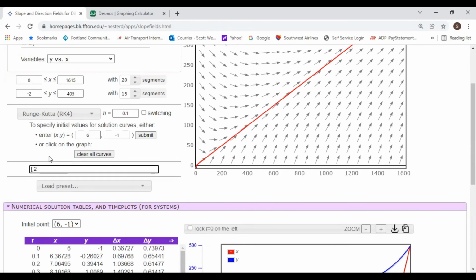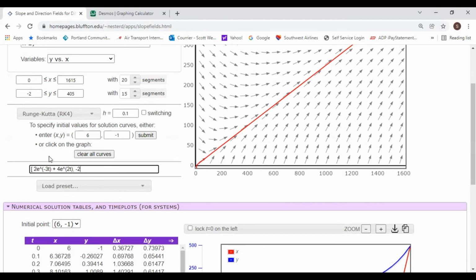So it's 2e^(-3t) + 4e^(2t). That was the x. And then for the y, it's in brackets, and then you put a comma.